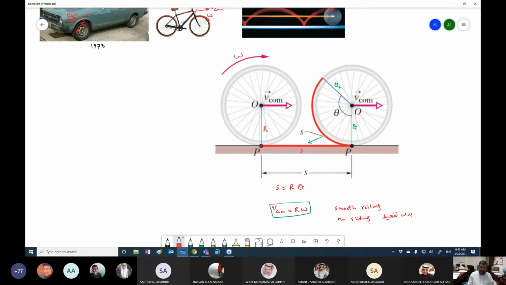طبعا in this chapter we will be talking about the smooth rolling. What do we mean by smooth rolling؟ معناها no sliding. Okay, no skipping. معناها بدون تفحيط.